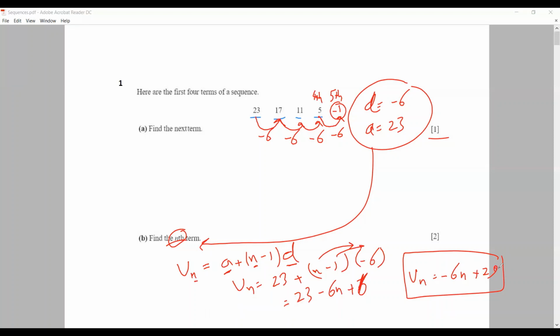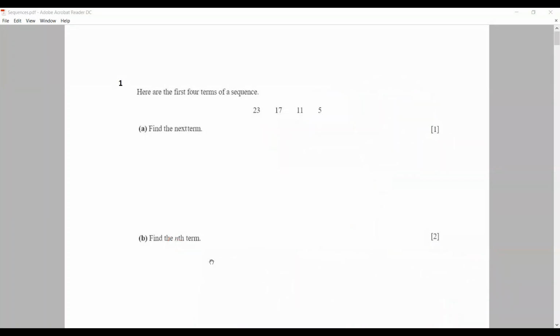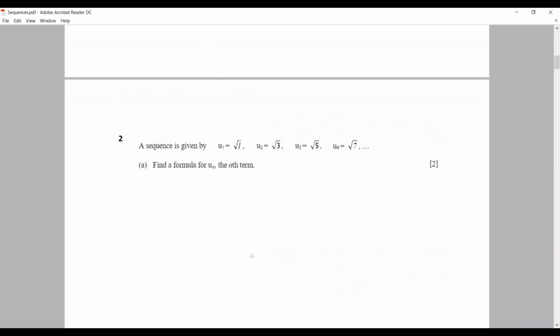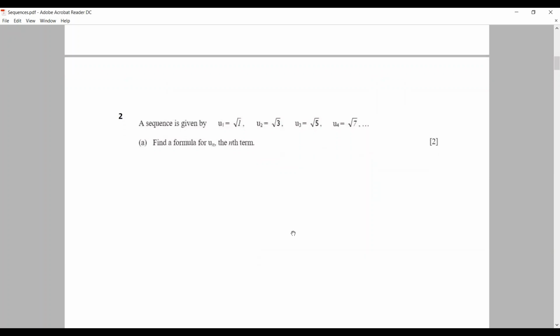I started this session with an easy question, so slowly you will see that the questions are getting more difficult, especially after question number 4. So, another sequence and the same question, the nth term. Okay, don't let this square root deceive you, because it doesn't really play any role here.